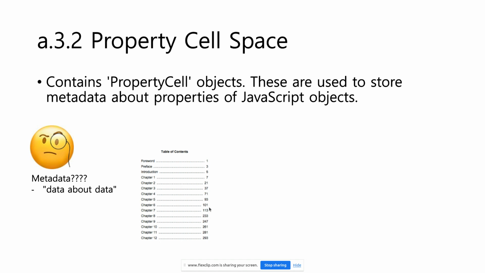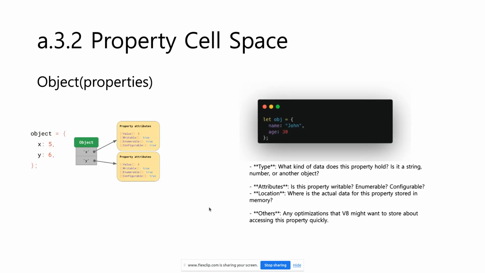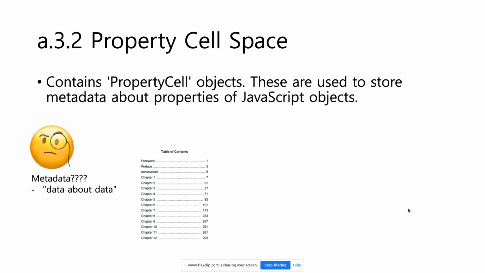So there's data of data. When you look here, type, attributes, location, and others are the metadata. Property search space is used to store metadata about JavaScript object properties.